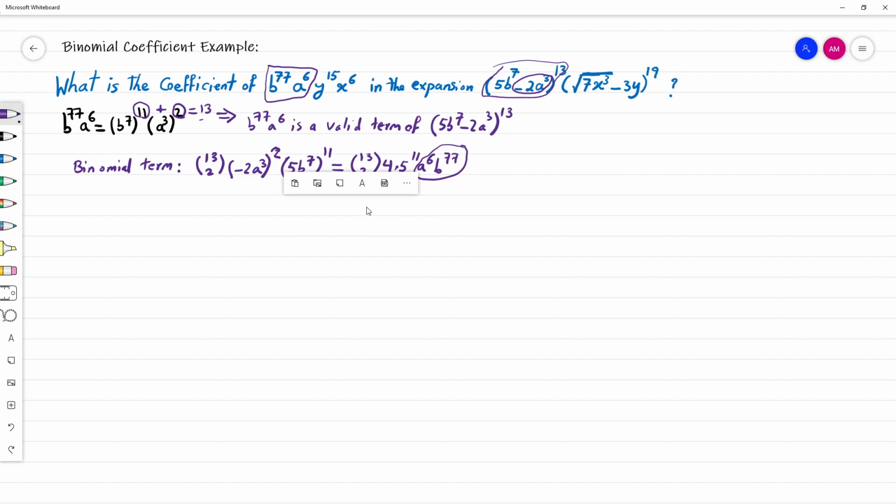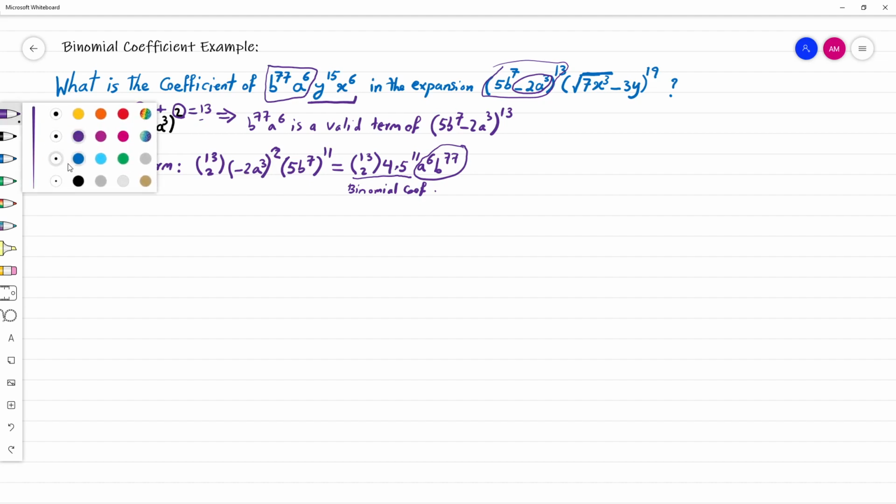Right. So this would be our binomial coefficient for this term. And now for the next one, which is this term, we also have to do the same check. So what we're going to do is say, fine, it is y to the power 15, x to the power 6.